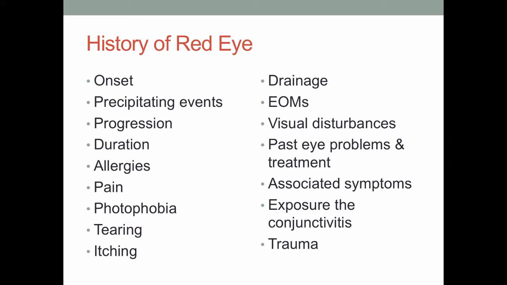So with the history of a red eye, we want to ask all the typical history questions. When did this start? Were there any precipitating events? How are things progressing? What's the duration been? Especially important with a red eye is to know about the child's allergy history. We want to know if there's been pain or itching.